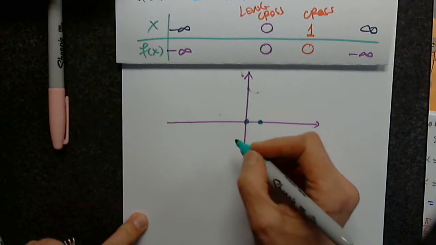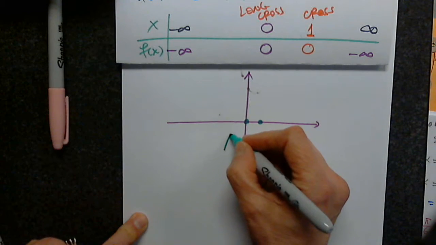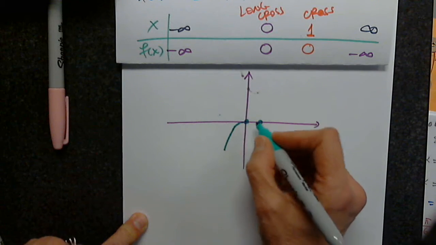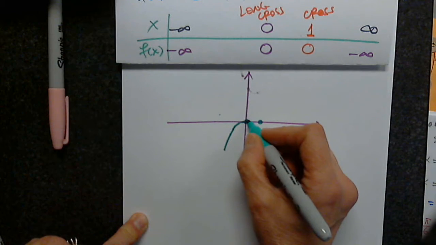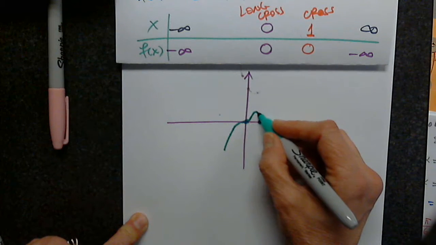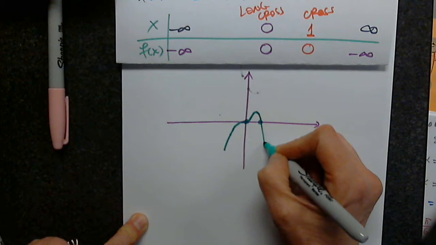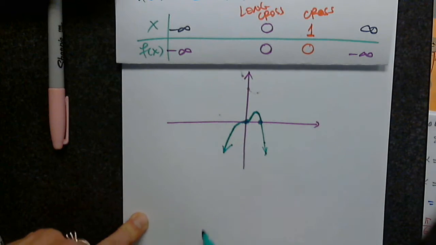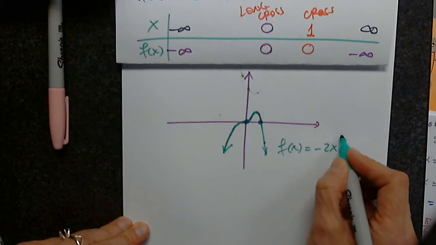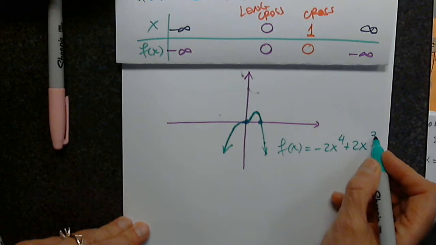It's coming from negative infinity. It does not cross straight, but takes its time. Finally it crosses, comes to a maximum. It has to come back, and now crosses normally towards negative infinity. And this is the graph of negative 2x to the 4th plus 2x cubed.